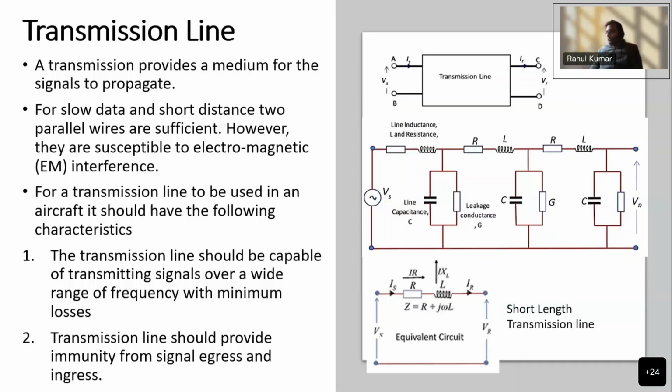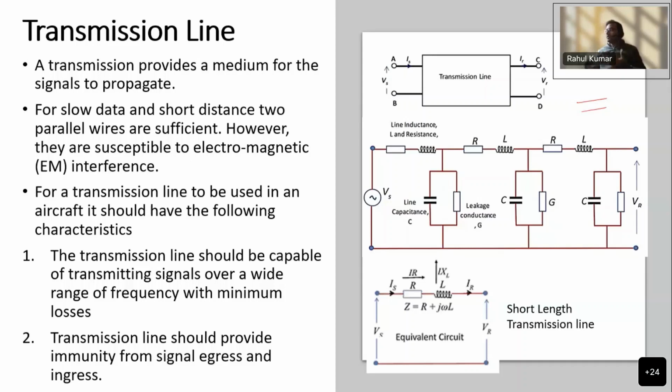For transmission of an electrical signal, a pair of wires, a positive and a negative terminal, or two wires, is just sufficient. Using two wires you can transmit or receive any electrical signal.